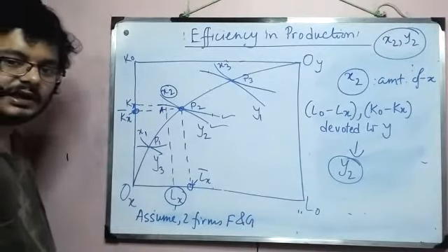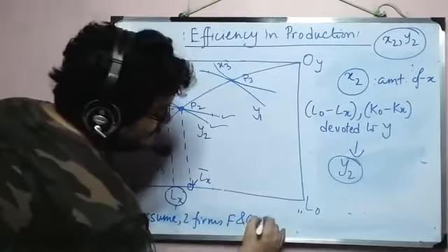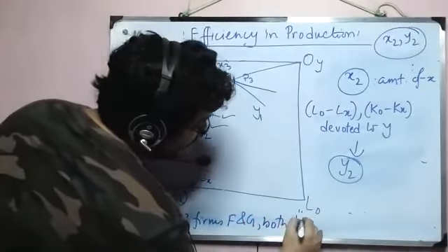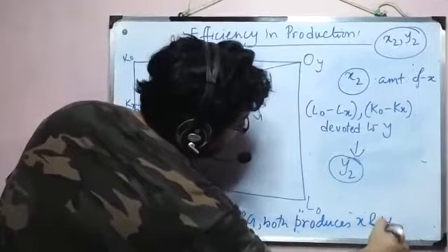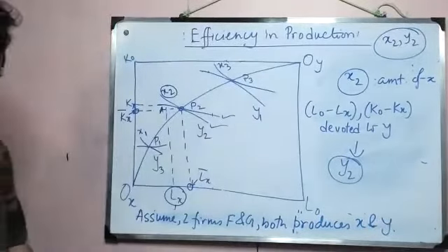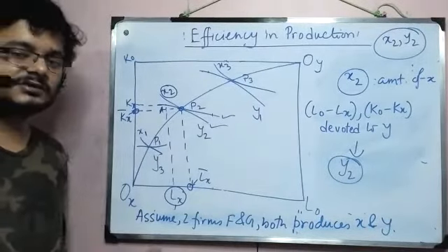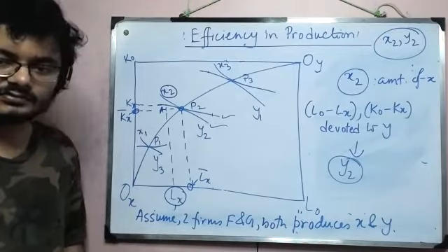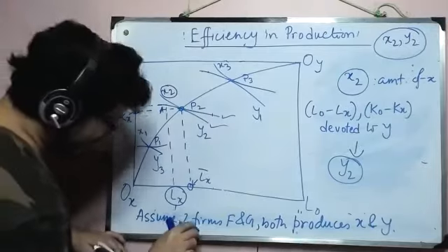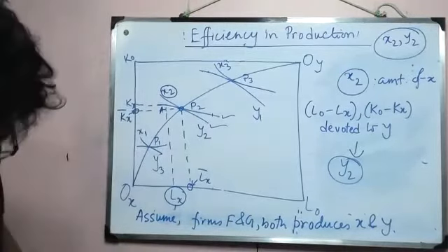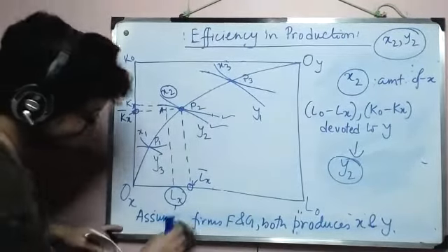Also assume F and G both produce X and Y. Okay, so let's assume that. Okay, so assume two farms, which looks a little bit, which is very close to S.